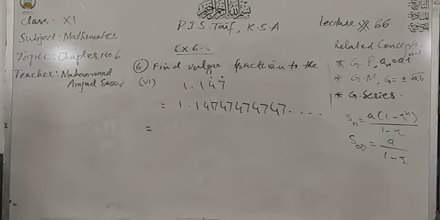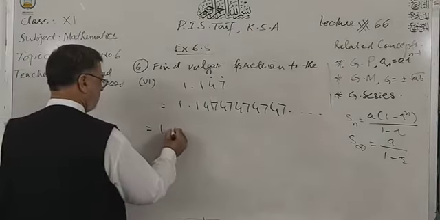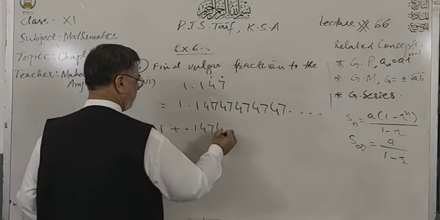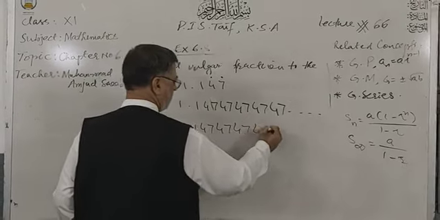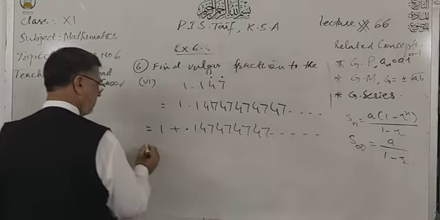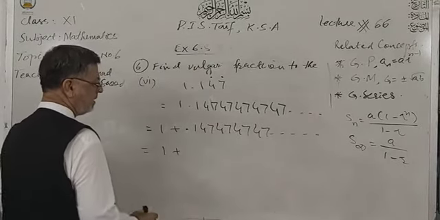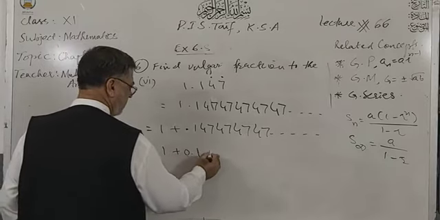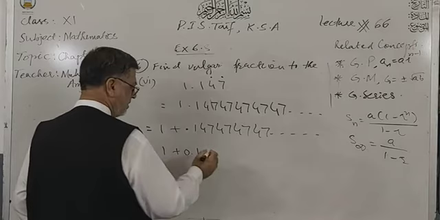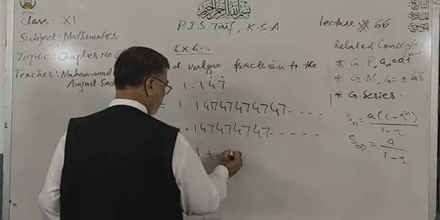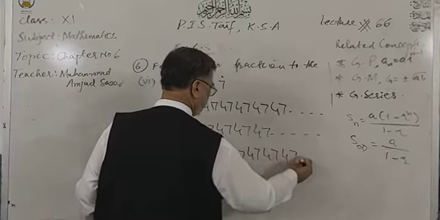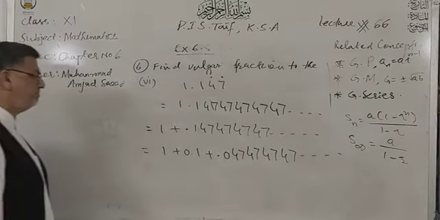Dear students, you can write this number as 1 plus 0.147474747 and so on. That is 1 plus 0.1 plus 0.047474747 and so on.